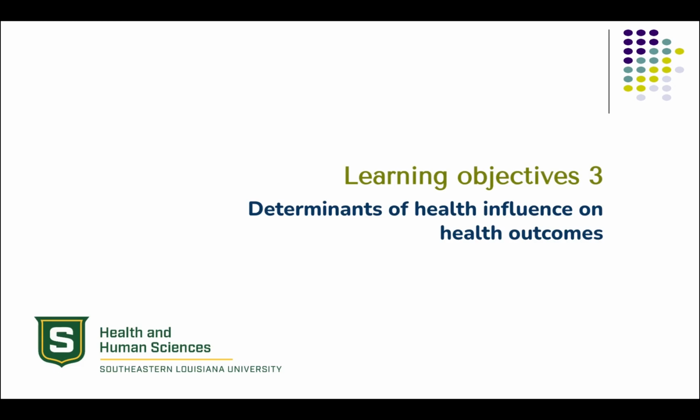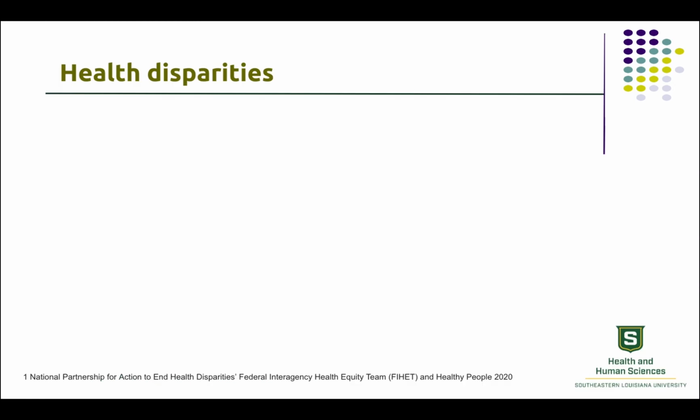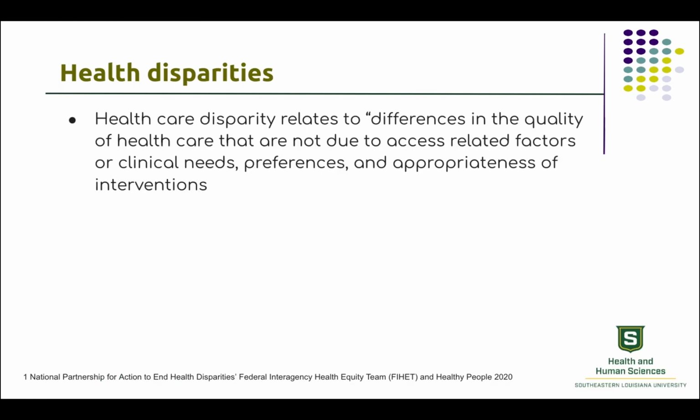So for the third objective, we're going to talk about the determinants of health and the influence they have on health outcomes. I'm going to start by describing health disparities, which I'm pretty sure you have been introduced to, but just for the sake of saying it, health disparities relate to differences in the quality of healthcare that are not due to access-related factors or clinical needs and preferences.